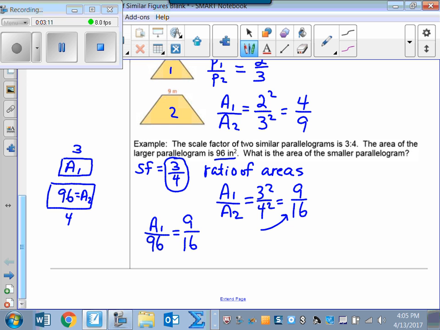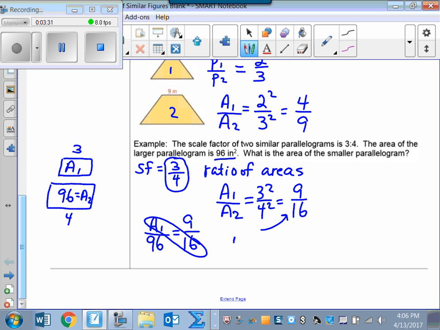So now I've got myself a proportion. And remember when we first started solving proportions, we can change the means or extremes to make ourselves have a smaller number when we solve this. So that's what I'm going to do here. I'm going to switch these two numbers here, these extremes.